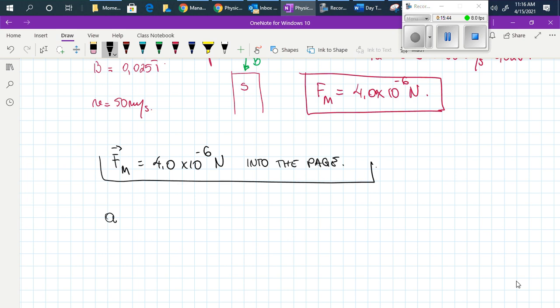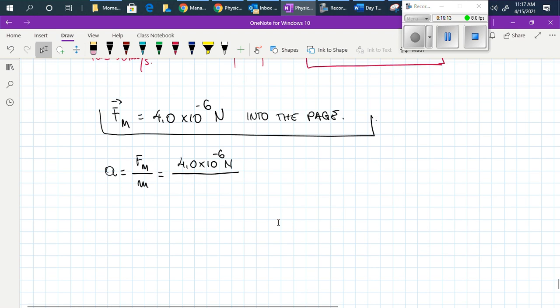Now if we are looking for the acceleration as a result of the magnetic force, based on the second law of Newton, we can say that acceleration is force over mass. So this will be 4.0 times 10 to the power of negative 6 newtons over the mass, which was, I believe, 15 milligrams.